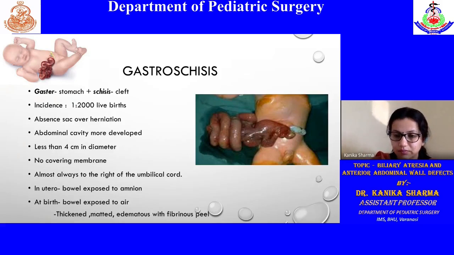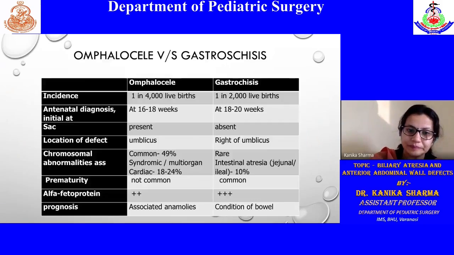So it is said that patients with gastroschisis have a better abdominal cavity when compared with that of the omphalocele. This is an important criterion, or differentiating feature, for omphalocele and gastroschisis.